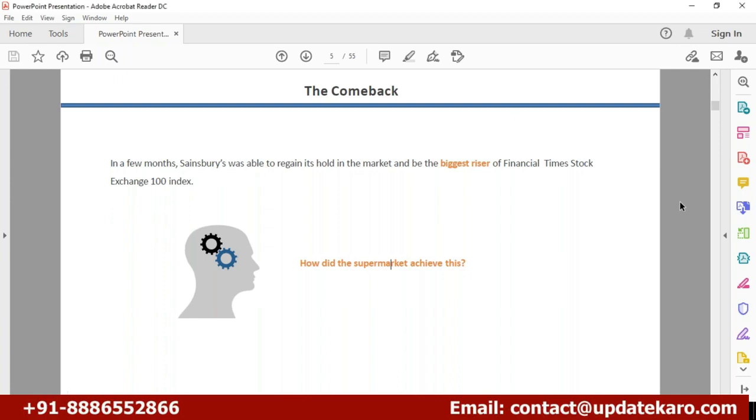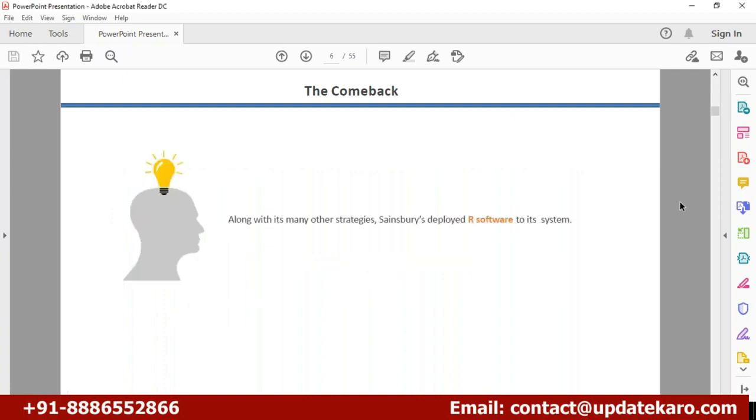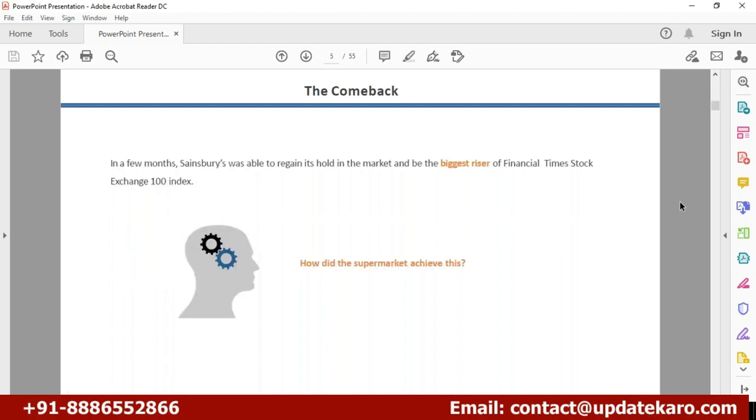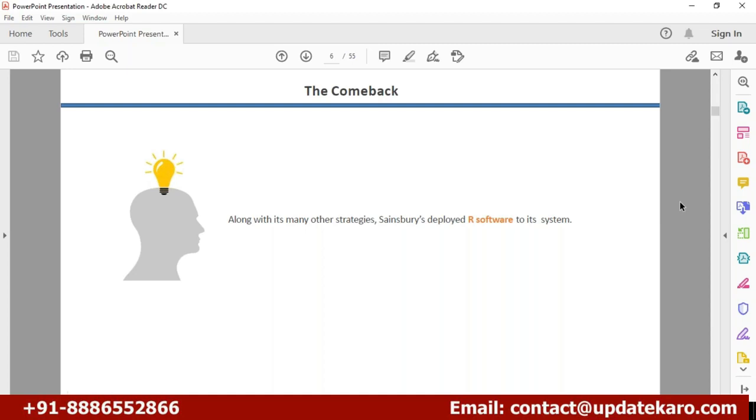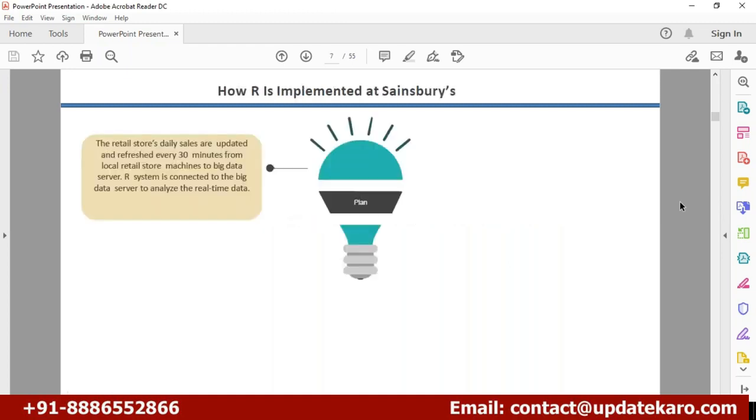We already had Python for data science, but what advantage does R have? Why did they introduce the R language? Along with many other strategies, Sainsbury's deployed R software into its system.